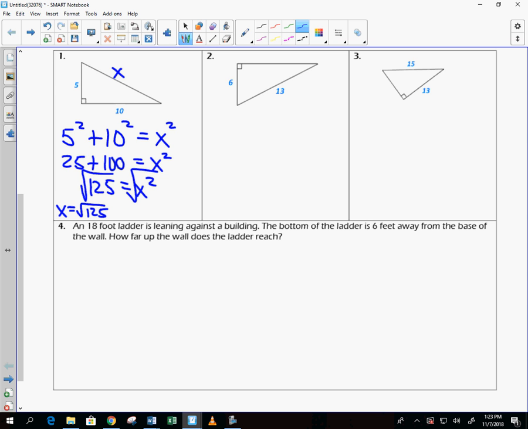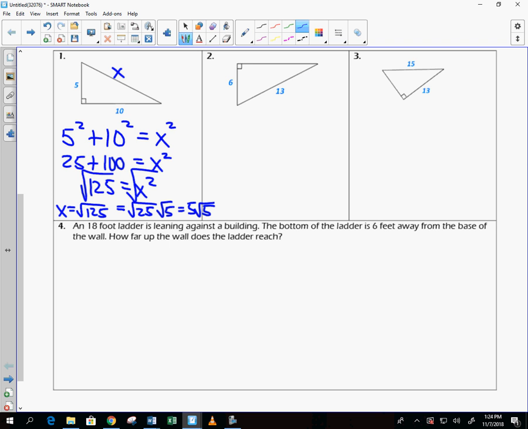Now, I would like you to write your answer in simplest radical form. Is there a perfect square that divides evenly into 125? There is. 25. So you have the root of 25 times the root of 5. So you get 5 roots of 5. So I would like your answer expressed in simplest radical form.